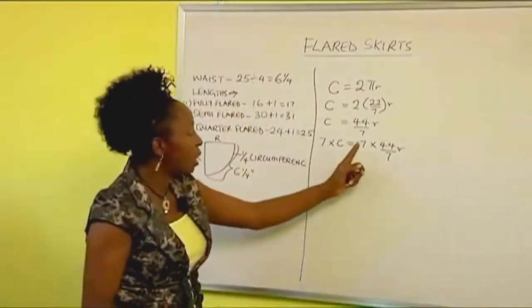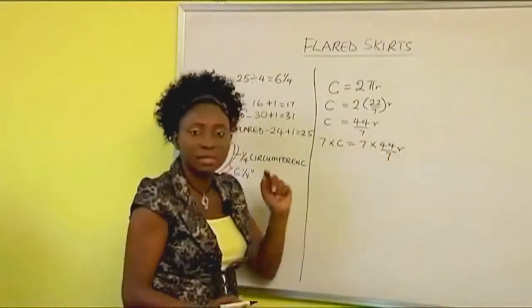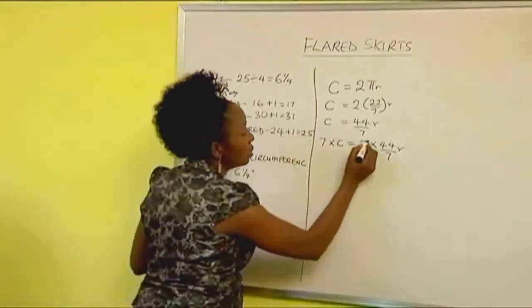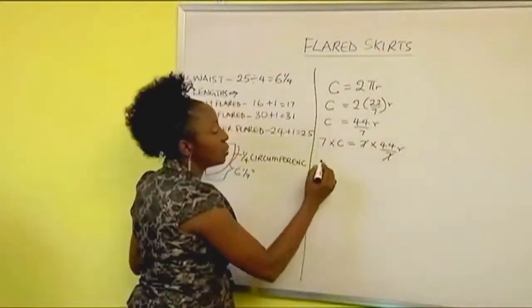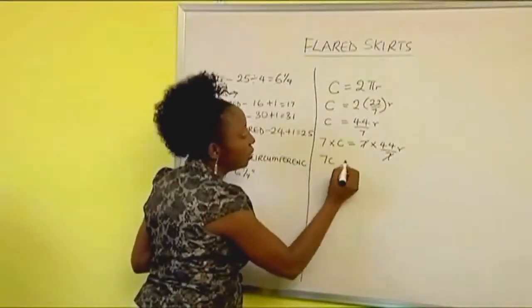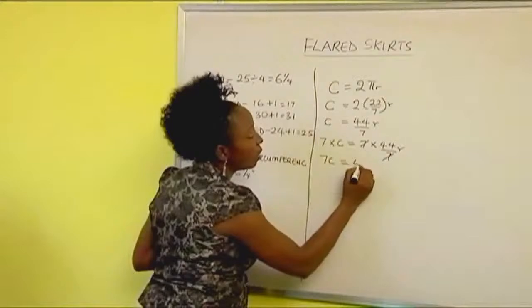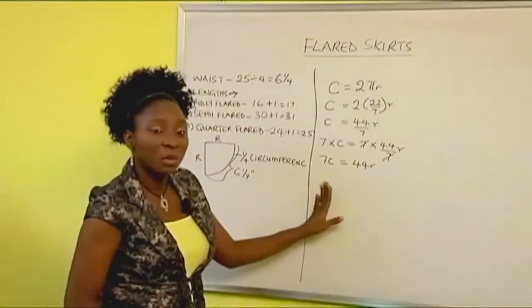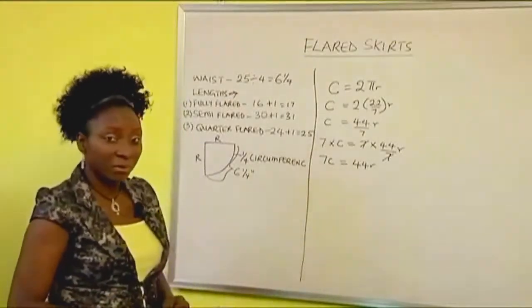In mathematics, once you have this, you know 7 will cross 7 out, so you cross those out. So when you cross that out, what you're left with is 7C equals 44r. So you can see that we're very close to making r the subject of the formula.